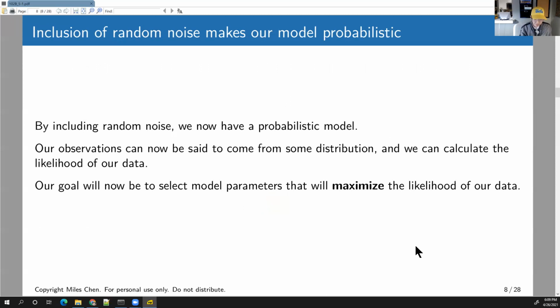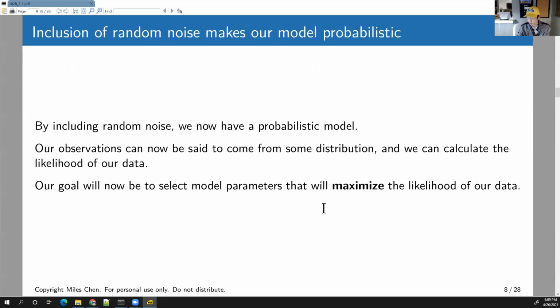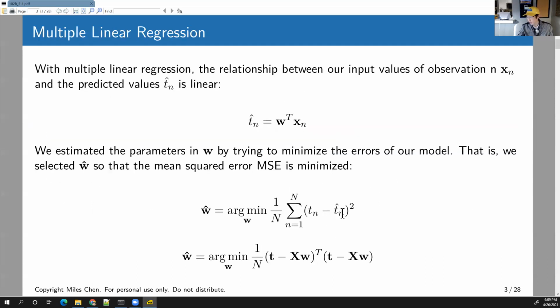Now that we have this error part, the error is random. It's now a probabilistic model. Versus way back with the loss function, where the x's that are coming in we treat as fixed values, and the t's that we're predicting are also fixed values, and we're just trying to find some set of w's that minimize this.